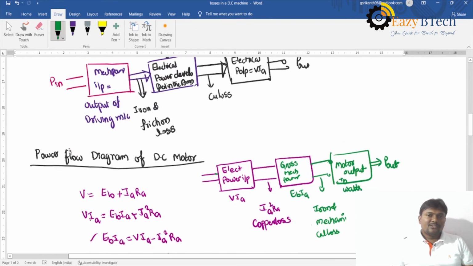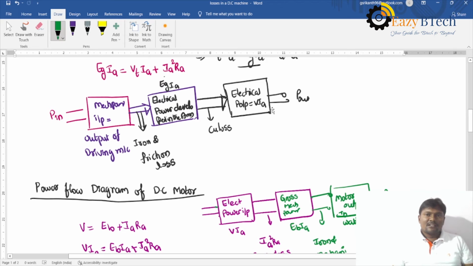So observe these two power flow diagrams. It should follow in a reverse manner. Check that the power output is the input for this one, and electrical power output is electrical power input. After that we subtract the copper losses, then I am getting the gross mechanical power, and after that I am subtracting the iron and friction losses, then I got the power output.